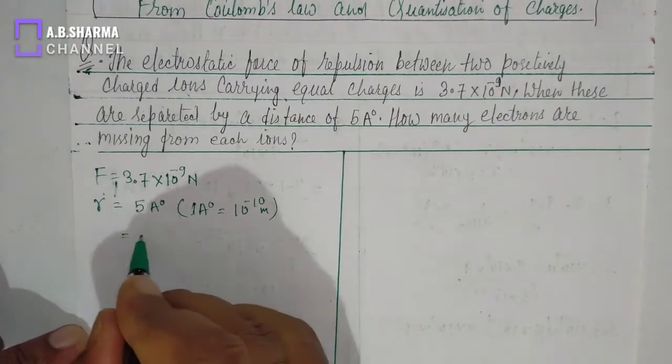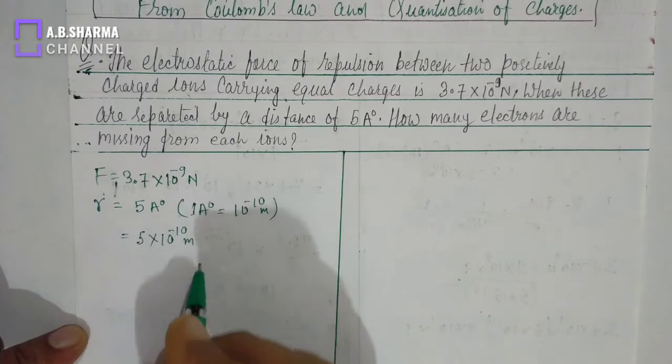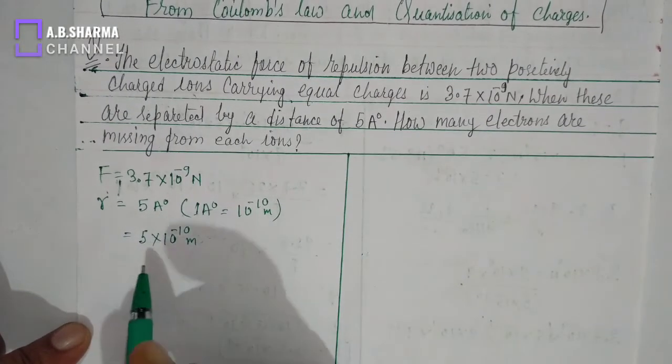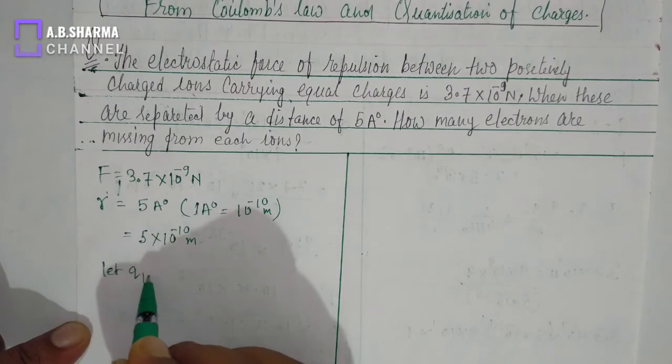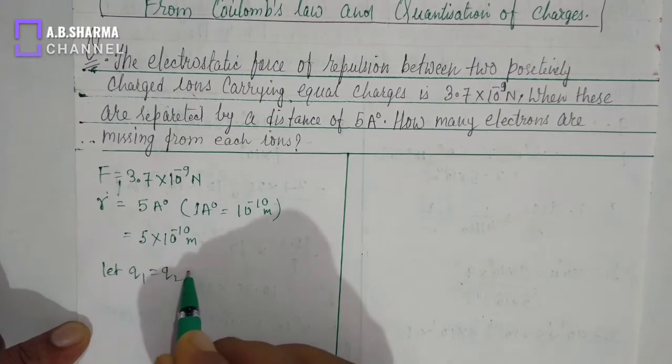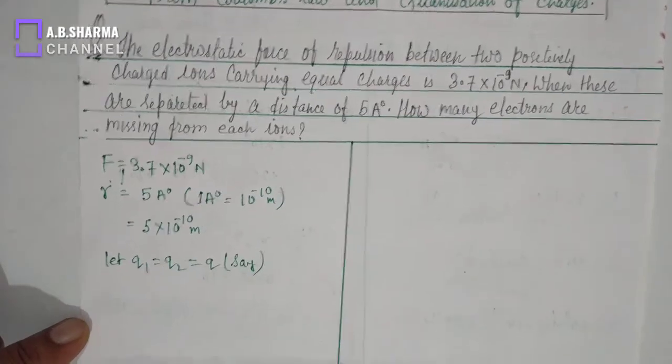So 5 angstrom will be 5 into 10 to the power minus 10 meter. One more thing, equal charges. Let both the charges Q1 equals Q2 equals Q, say. Both the charges are equal.